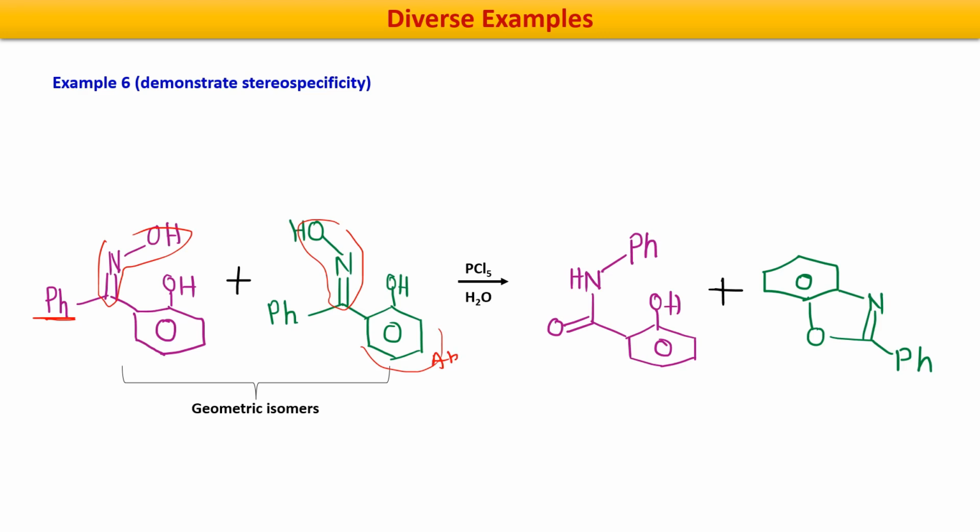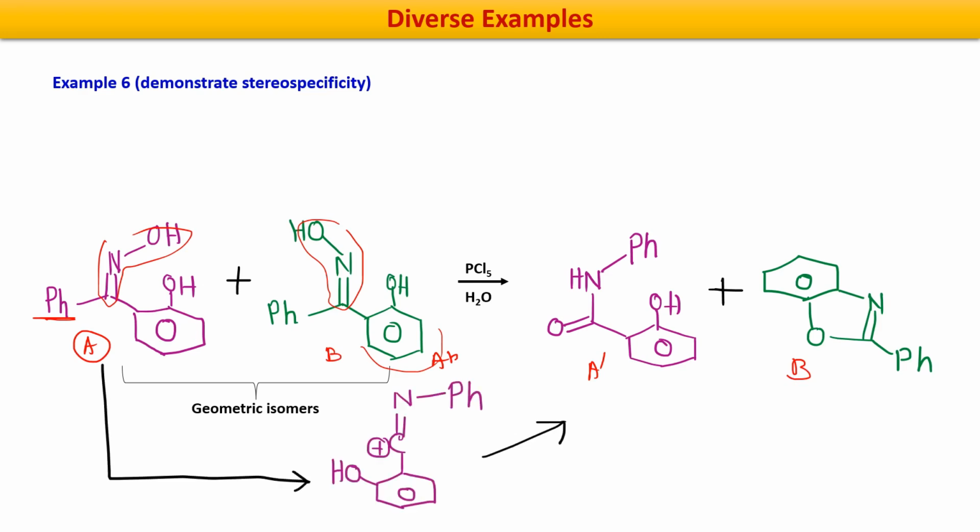If you look at the product side, from the color you have to understand that from A, the violet one, you are getting the product which is this one. Suppose this is A prime, and from B you are getting B prime. Also from the color it is clear. Now why is it so? It is simple, because Ph is anti to OH in the case of the violet starting geometric isomer, right?